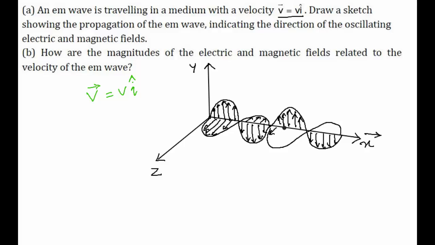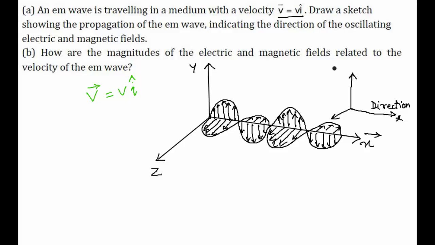So we will be denoting this as the y-axis, this as the x-axis, and this as the z-axis. So this is x, which denotes the direction of the velocity of electromagnetic waves.